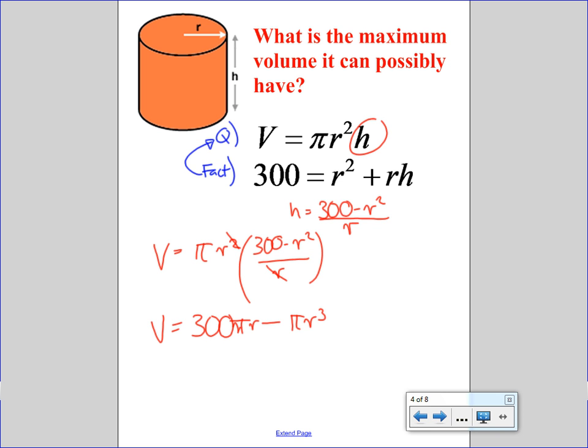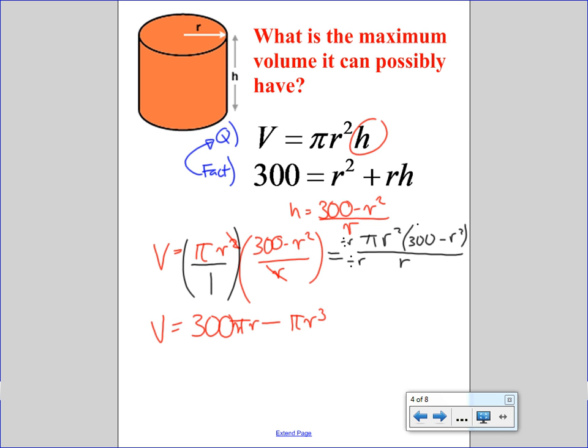Just to slow it down a bit, in case someone's thinking, oh my god, what are you doing? What we had on the top is pi r squared times 300 minus r squared, and on the bottom we have 1 times r. So if we divide by r on the bottom, and divide by r on the top, we get 1 on the bottom and just a pi r on the top, and then you can expand that out.